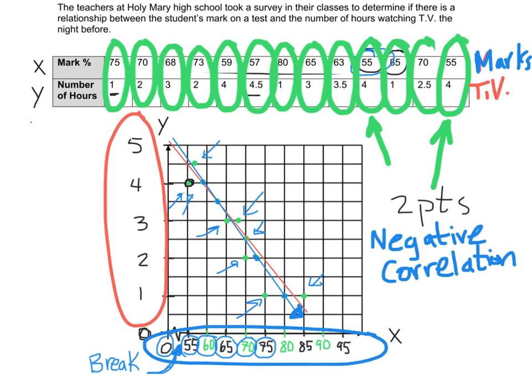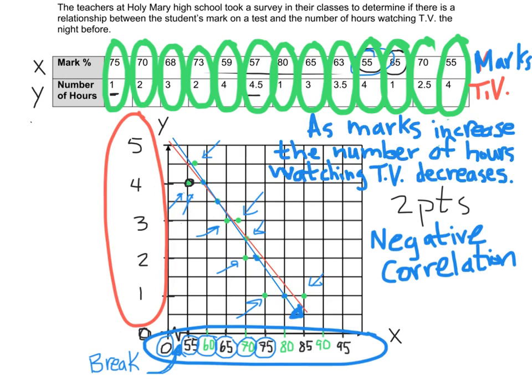We could put this into a sentence: as the marks get higher, the number of hours watching TV is lower. That's what I wrote here. As the marks increase, the number of hours watching TV decreases. So as the marks get higher, the number of hours watching TV gets lower.